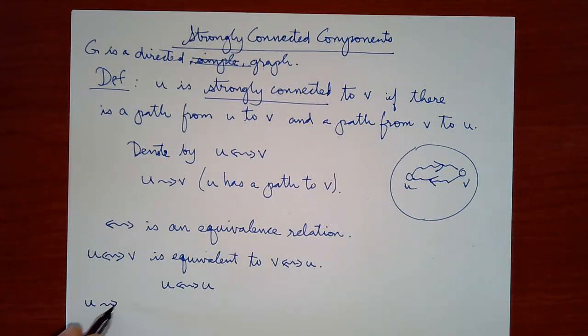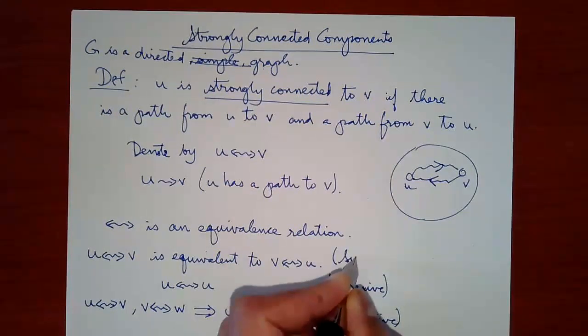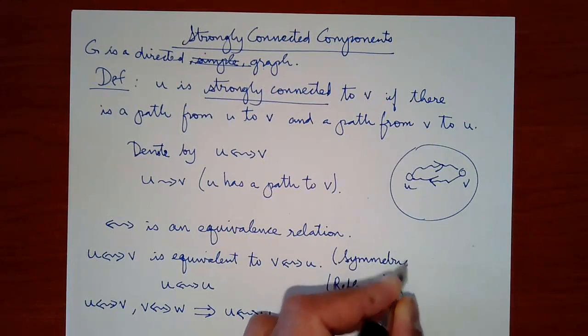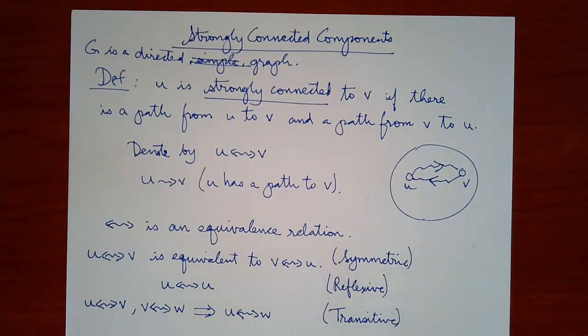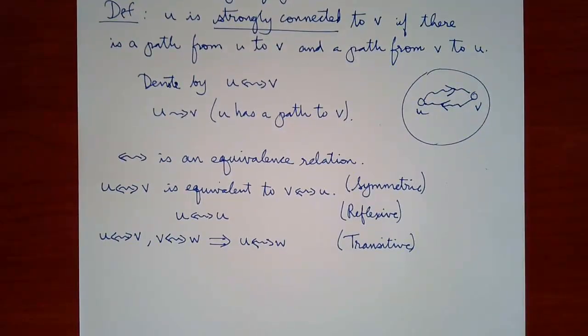And it's transitive because if U is strongly connected to V and V is strongly connected to W, that implies that U is strongly connected to W, right? So it's transitive. It is reflexive, and it is symmetric.